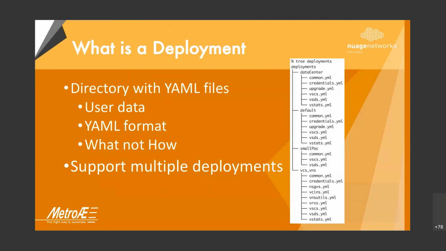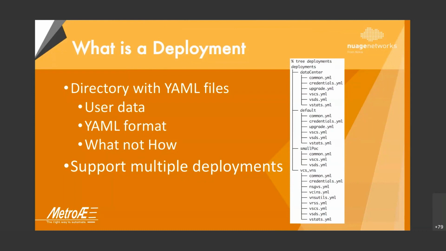So we support the ability to have a hardened VSD, for example, where you disable root access, but you have another user that's been created. You would give the user credentials for that user in that file. Upgrade holds specific information about upgrades. VSCs, that is all the information you need for your VSC. VSDs, the information you need for your VSDs, and so on.